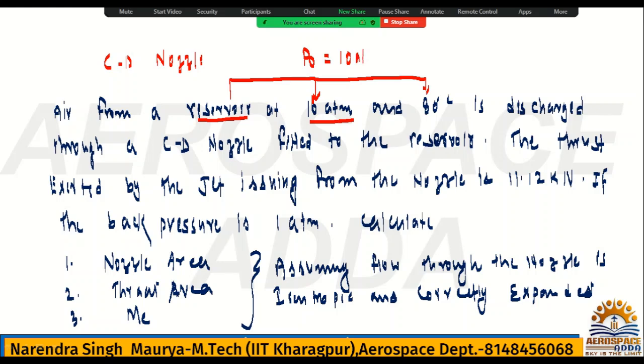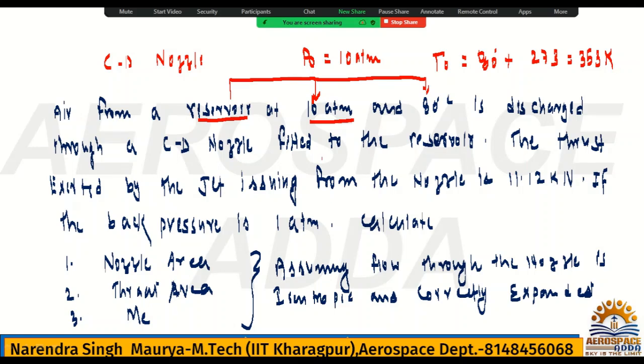I told you reservoir means the velocity or flow of the fluid is assumed to be zero, hence all the quantities inside the reservoir will be given as total quantities. So temperature T naught is 80 degrees Celsius, but convert into Kelvin. You get 353 Kelvin. One thing clear, okay?